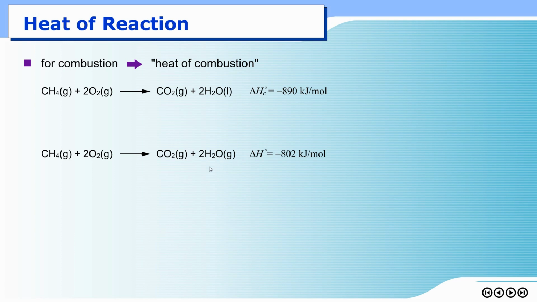If we convert this water vapor into liquid, vapor has higher energy than liquid. In order to condense it into liquid, you need to release energy out of the vapor so that it can be converted to a lower energy state. That amount of energy released from condensation is added to this energy, and therefore the upper reaction should release more energy. If you subtract these two numbers, the difference is basically the energy required for the vaporization of water.